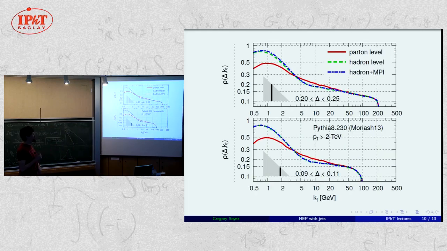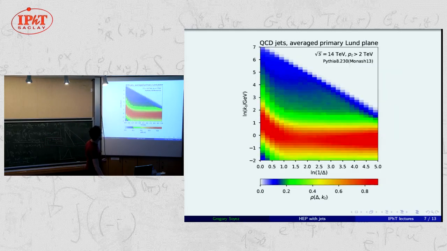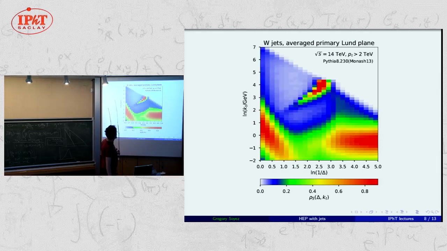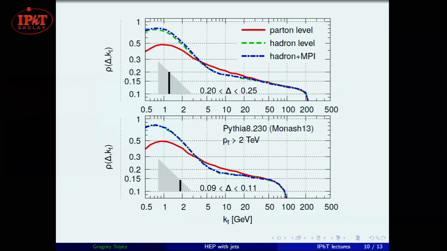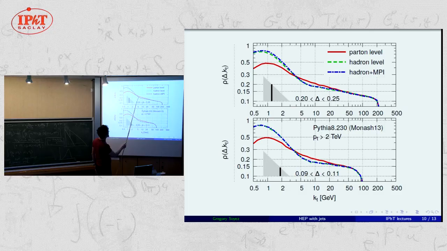In terms of constraining Monte Carlo generators, in terms of non-perturbative effects, this is a plot again. What I've done is take a vertical slice in this plot, so just look at the density in one given bin of angle and look at what you see. First of all, there's an increase, which is essentially the running of alpha S, until you reach something like 5 to 10 GeV, where there's a bump associated with non-perturbative effects.